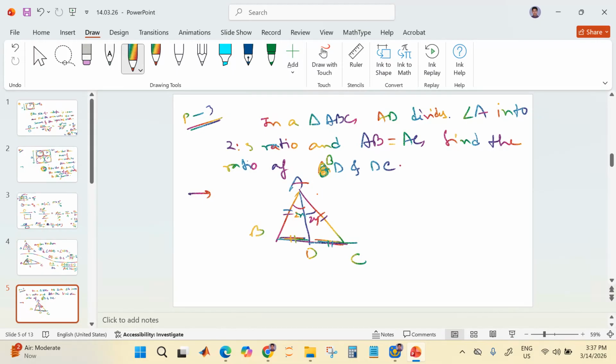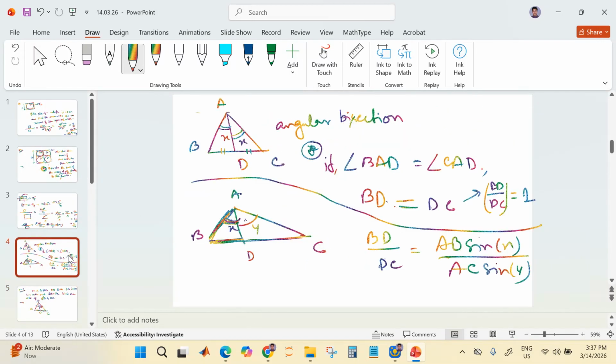How to find? Okay, I will try. Look, directly if I use the formula, BD by DC is AB by AC into sin x by sin y.